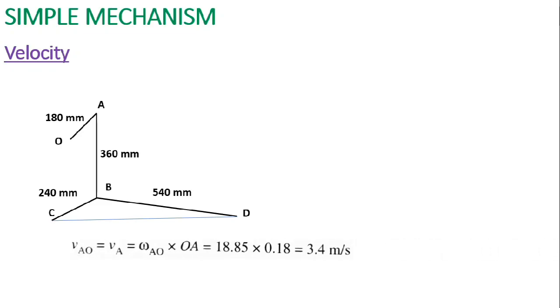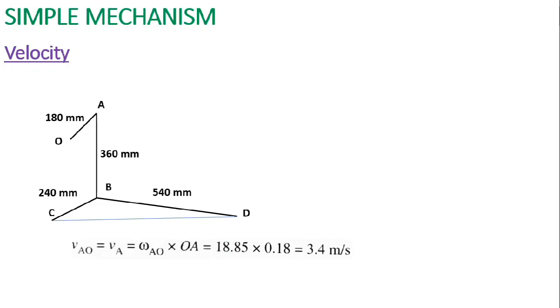So first, to calculate the velocity of A with respect to O, that is V_AO, we require omega_AO into OA. Now here omega_AO is nothing but the angular velocity of OA. So how do we calculate this angular velocity of OA? It is nothing but 2 pi N of OA divided by 60. So N is given already here as how much? 180 rpm.